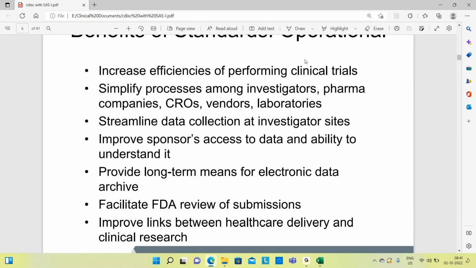It improves the sponsor's access to data and ability to understand it. If everyone is following the same standard, the sponsor can easily and immediately understand what data is collected and how the data is. It provides a long-term means for electronic data archive.